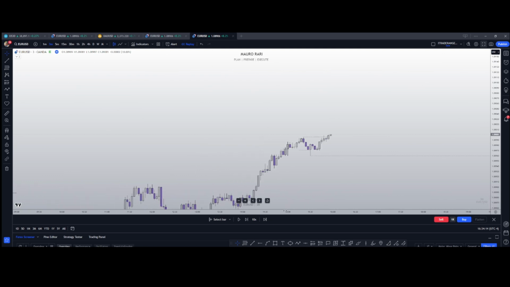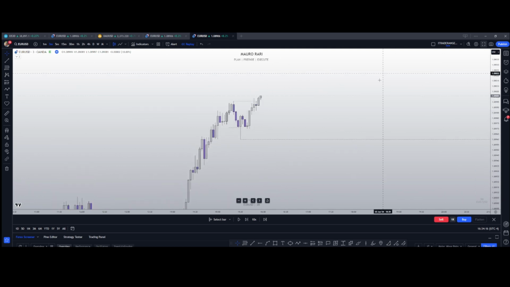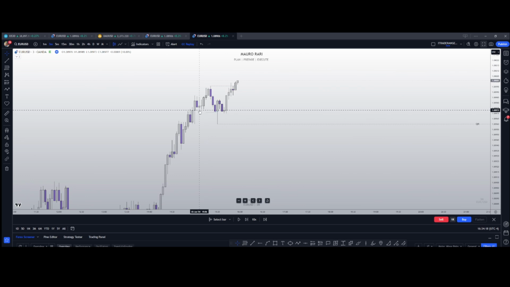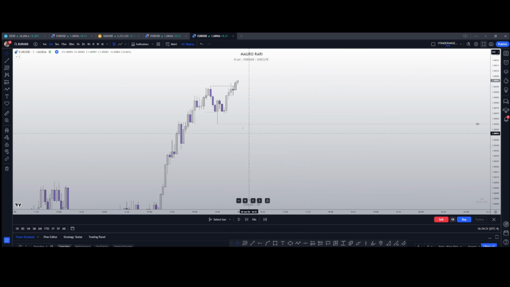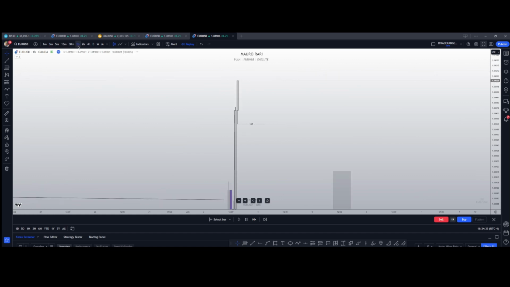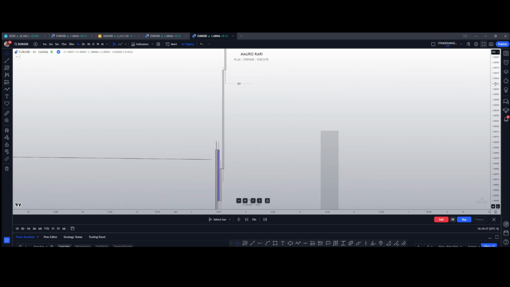Let's go see it. Let's go 3 minutes. As you can see, this is a strong point. Why? Because it took a three candle formation, took the liquidity and broke the structure to the top, all right? So this one is going to be my QM eventually, if the price took it.